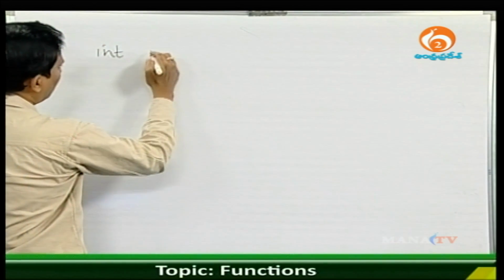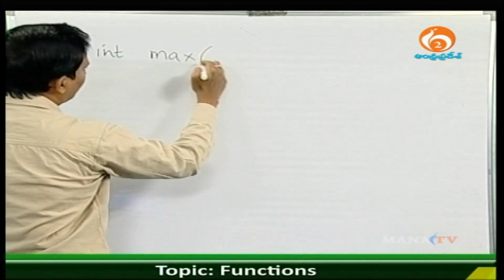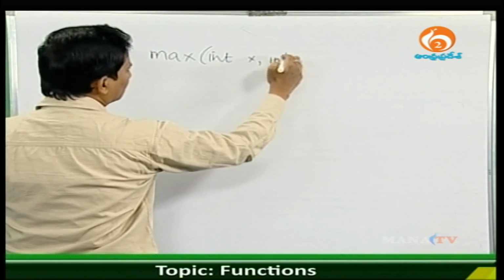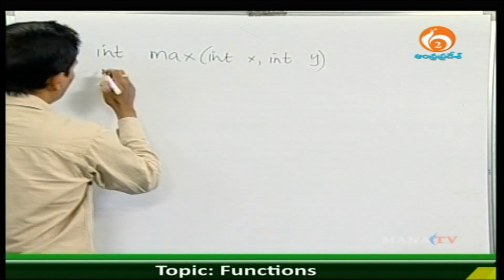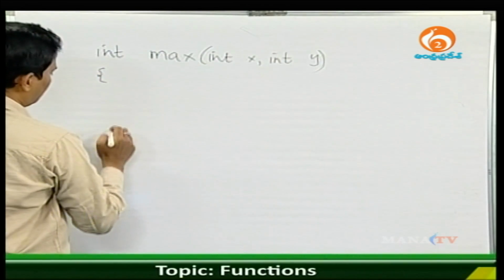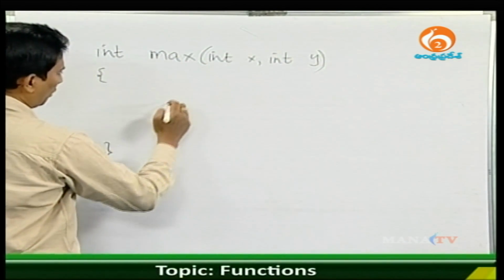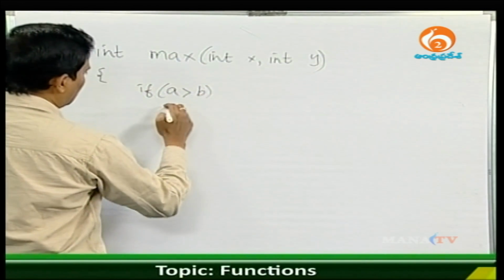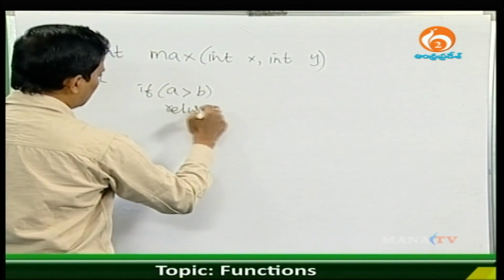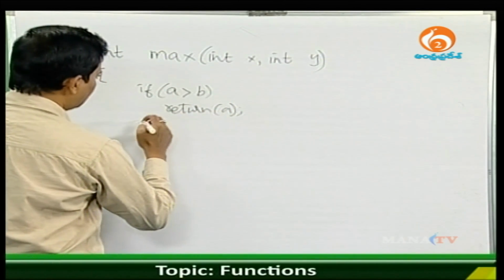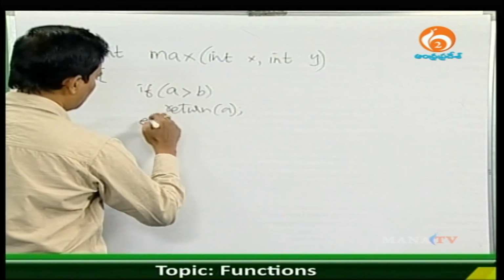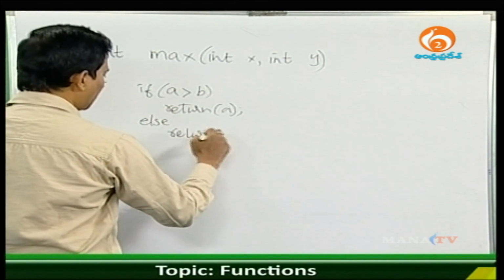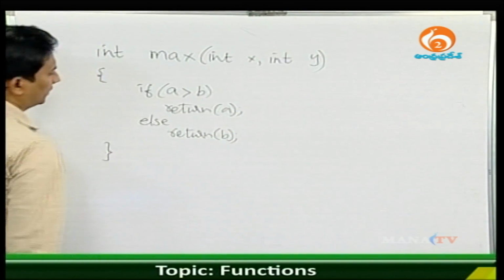int max, int x, int y. If A is greater than B, return A, else return B. That is it.